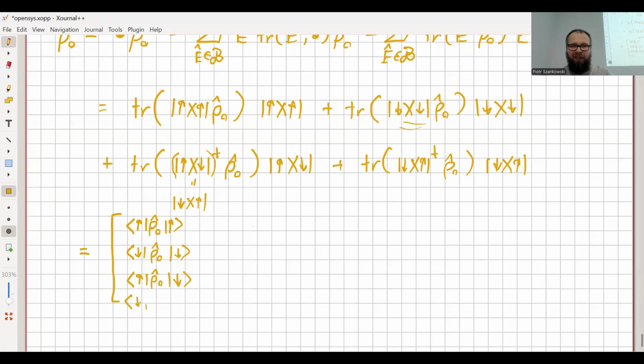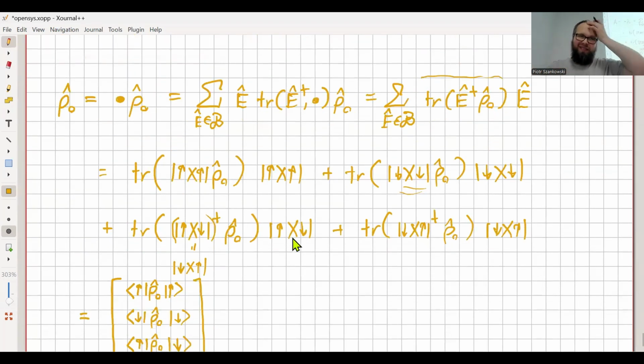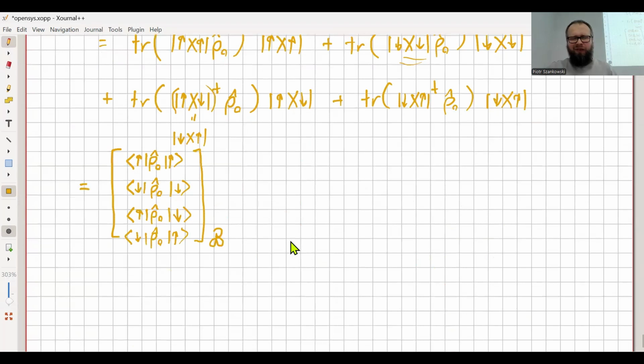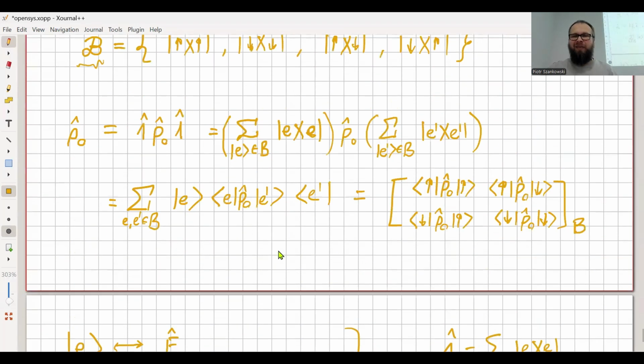And the last one is down, row 0, up. And just to remind us that this is using the basis calligraphic B. Both of those statements are true. This is true, and at the same time, this is true. You just treat them as different objects, either the operator or a vector.